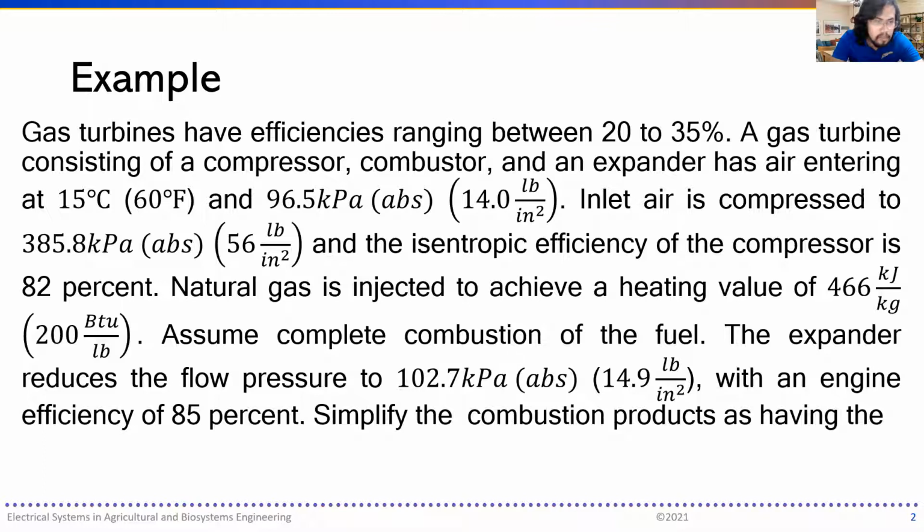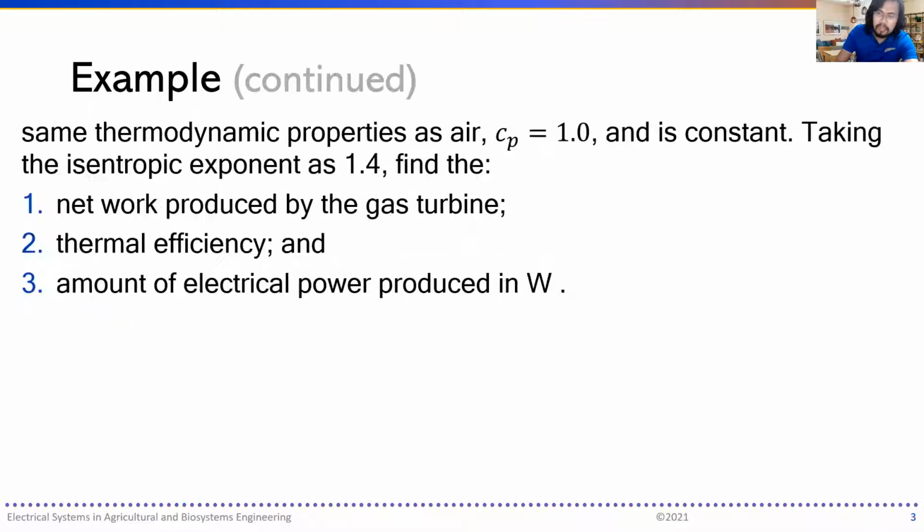The expander reduces the flow pressure to 102.7 kilopascals absolute, or 14.9 psi, with an engine efficiency of 85%. Simplify the combustion products as having the same thermodynamic properties as air.